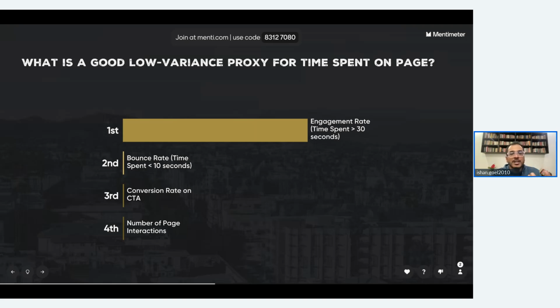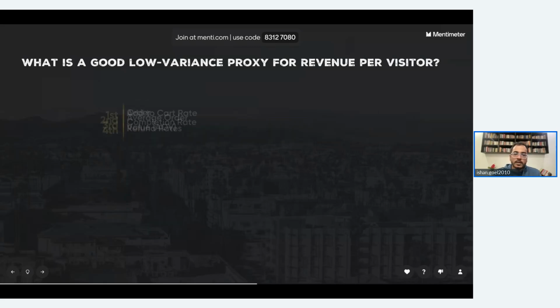It will be binary, but not a proxy. Number of page interactions is also related to time spent on page. Naturally, if I'm spending time on page, I'll be doing something. But the problem with number of page interactions is that it is also a real valued metric, so you are not gaining anything. So it's not low variance.